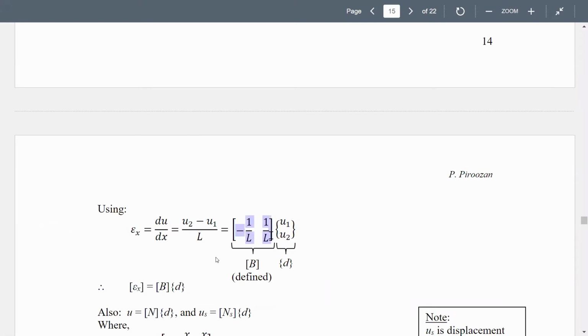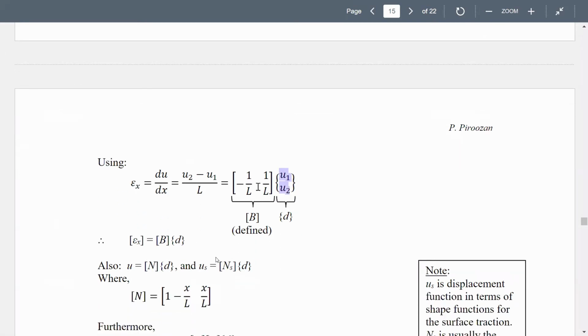This one we call the B matrix. It's just a definition of this B matrix: negative 1 over L, 1 over L. And this is the displacement vector, the displacements at nodes. So epsilon is BD. We know that the definition for B is this.